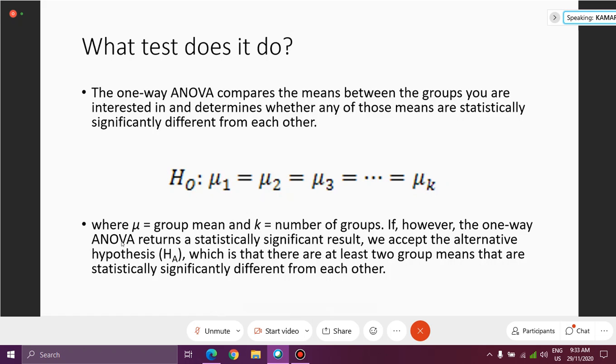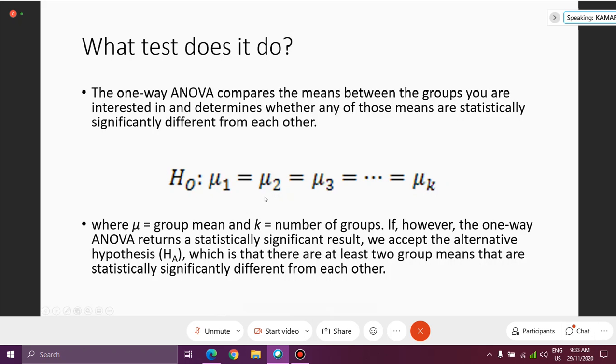If the F test is big and the p-value for the F test is less than 0.05, then we will reject the null hypothesis.